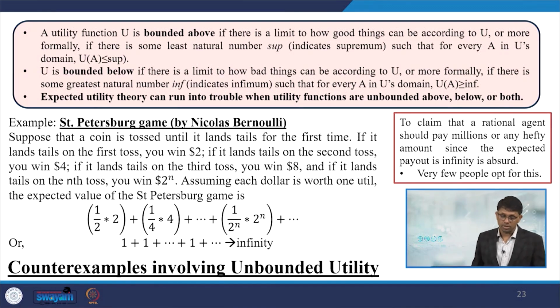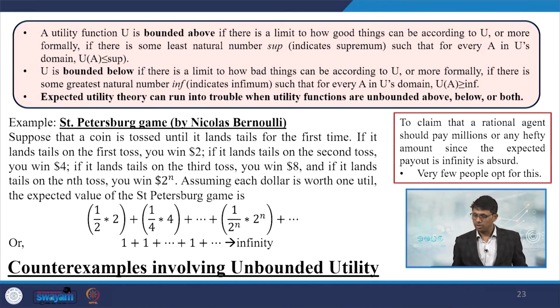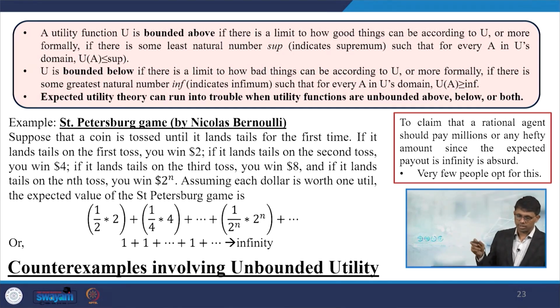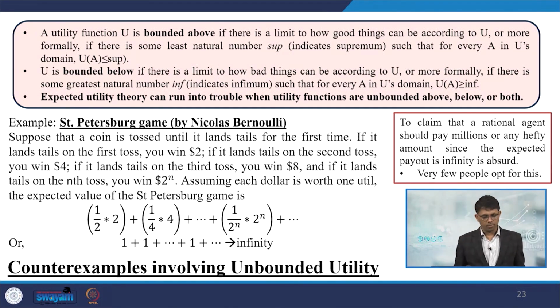A utility function u is bounded above if there is a limit to how good things can be according to u, or more formally, if there is some least number, the supremum, such that for every a in u's domain, u(a) is at most that supremum. And u is bounded below if there is a limit to how bad things can be according to u, or more formally if there is some greatest number, the infimum. You can refer to the original book.